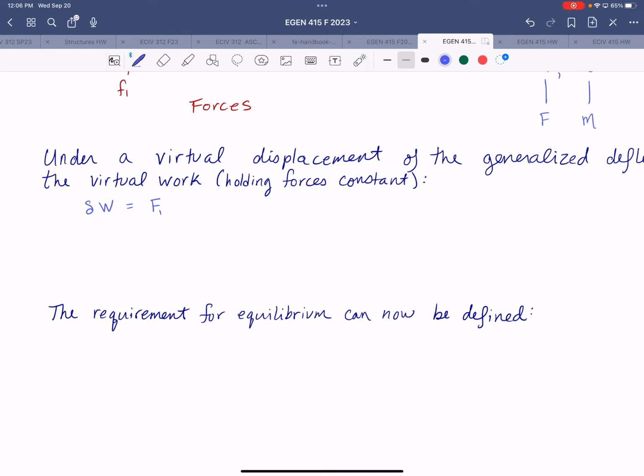So F1 would be multiplied by lowercase delta V1 plus M1 multiplied by lowercase delta theta 1 plus F2 times lowercase delta V2 and M2 times lowercase delta theta 2. Or in matrix form, we can write this as lowercase delta delta transposed times the generalized force matrix.